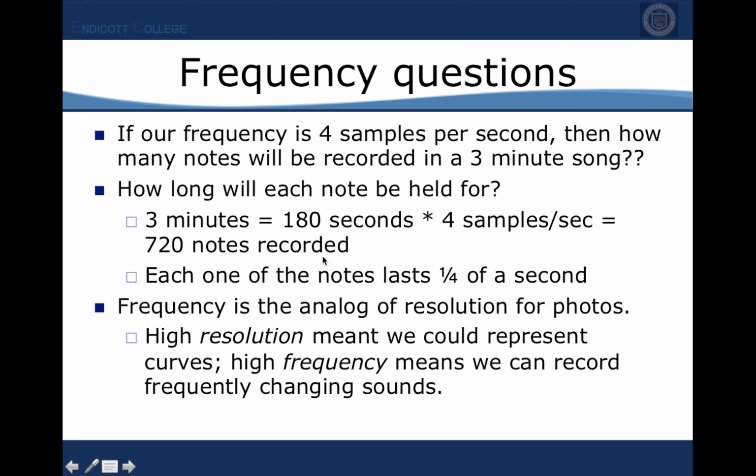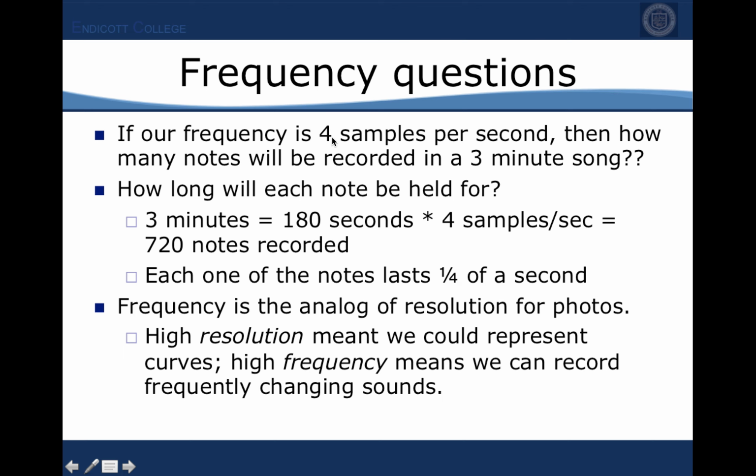I shouldn't glaze over this part. However many samples per second you do, each tone in the playback will last 1 over that. Hopefully that makes sense. If you record 4 samples per second, then when you play it back, each one of them should last a quarter of a second, right?